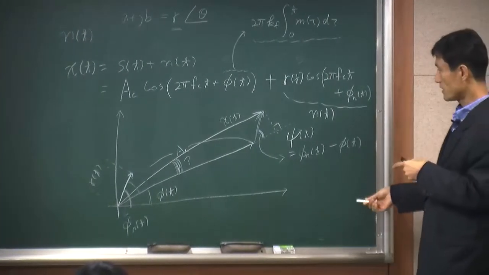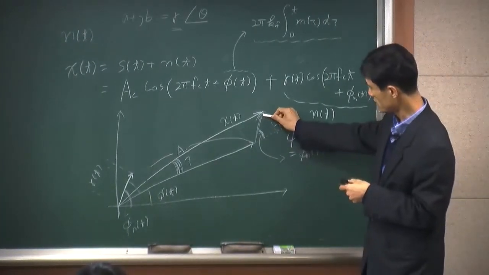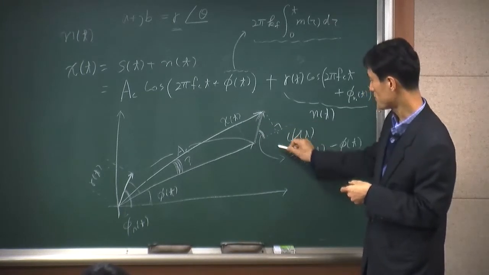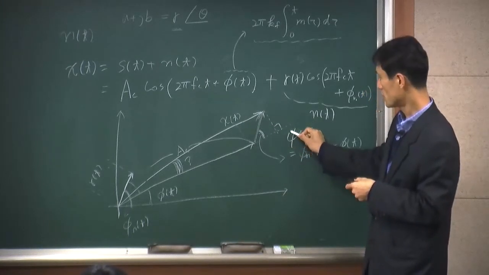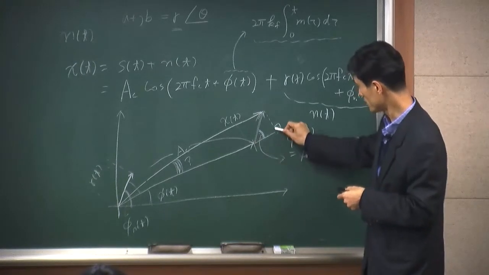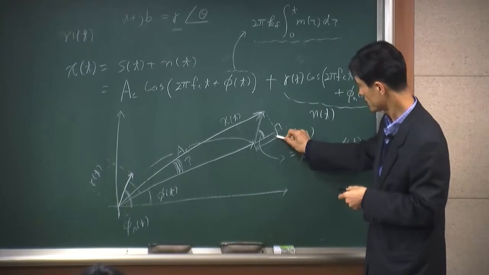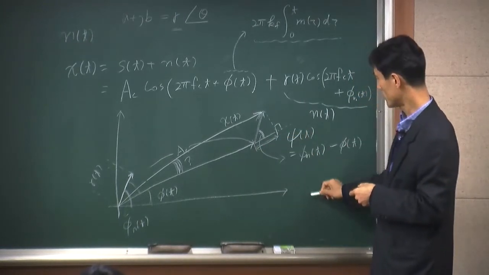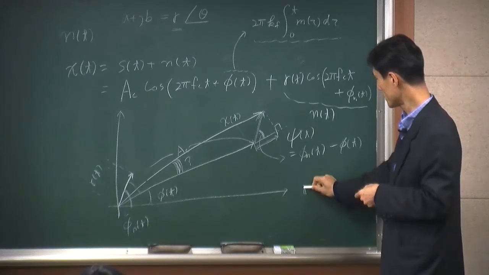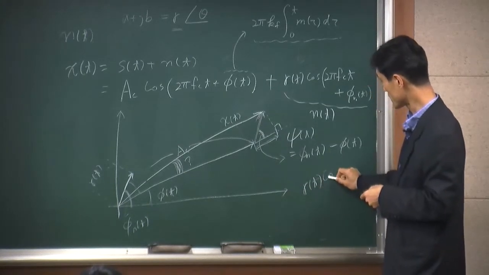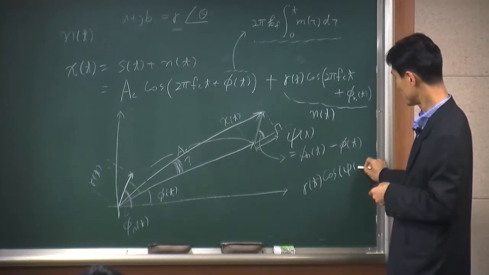Once we know that, we can see that this size is RT, and this angle is psi t. So from here to here, this is going to be RT, which is this size, times cosine psi t.